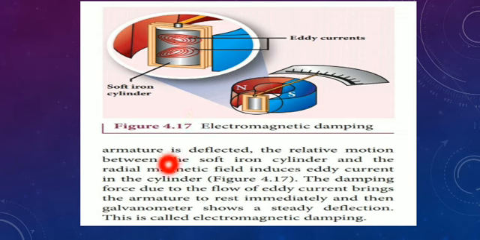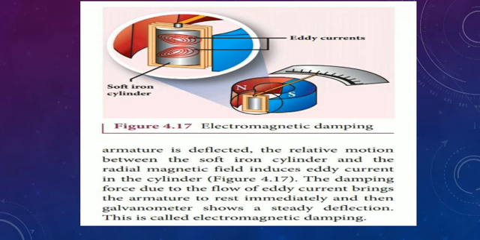The relative motion between the soft iron cylinder and the radial magnetic field induces eddy current in the cylinder. Therefore, the damping force due to the flow of eddy current brings the armature to rest immediately, and then the galvanometer shows a steady deflection. So this is called electromagnetic damping. Due to the eddy current only, it comes to rest and shows a constant position in the galvanometer.